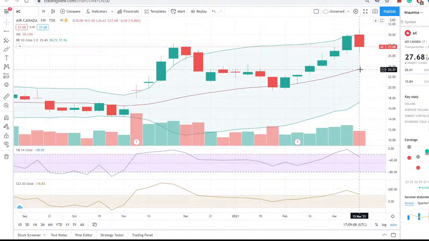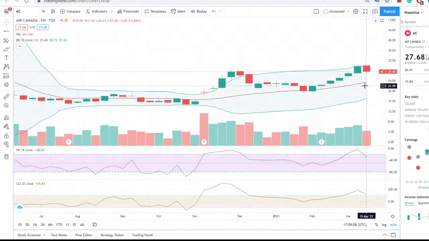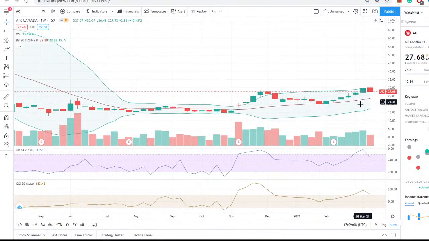Now club this with the idea of TSX, club this with the second COVID wave, and you can know what's going to happen. So it would be better to wait. 20 or even 15 would be very easily possible. 20 would be the first support and 15 would be the second support.